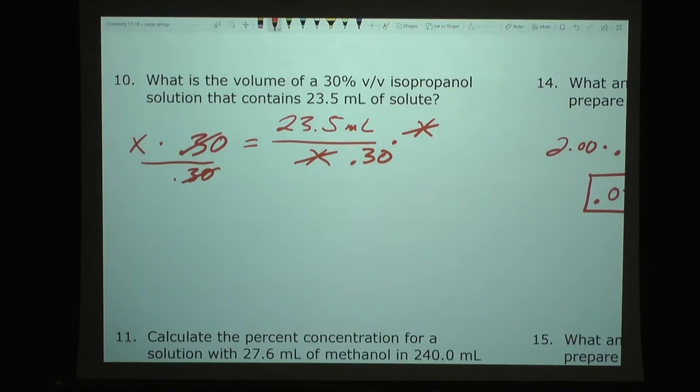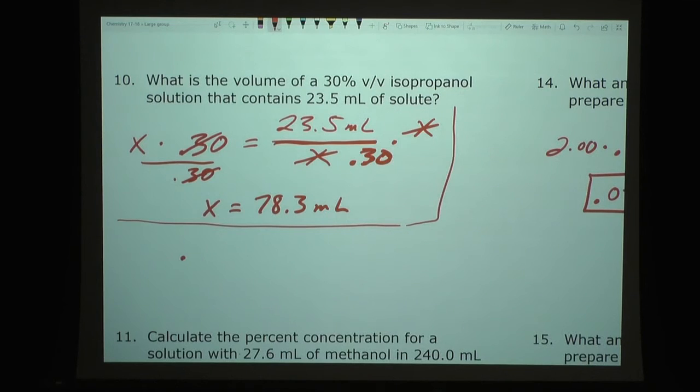So then X is 23.5 divided by 0.30. X is equal to 78.3 milliliters. That's one way to do it.